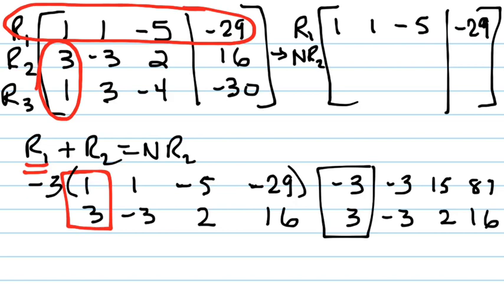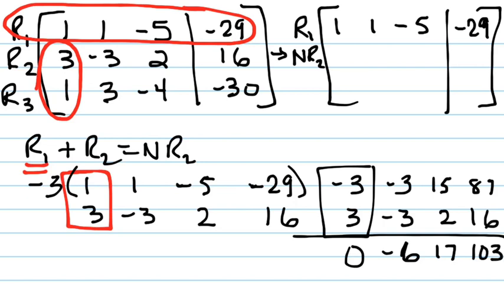Notice that I have opposites in the first position now, so all I have to do is add them together. 0, negative 6, 17, and 103. Numbers can get big. You don't care. 0, negative 6, 17, 103. They tend to get smaller as you go.